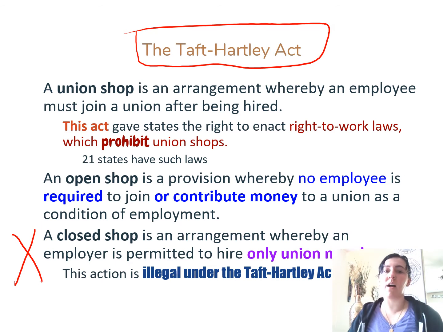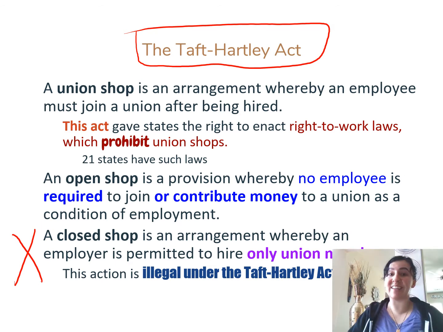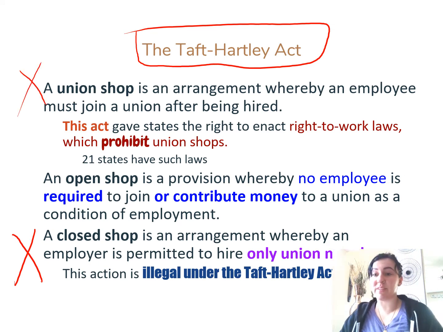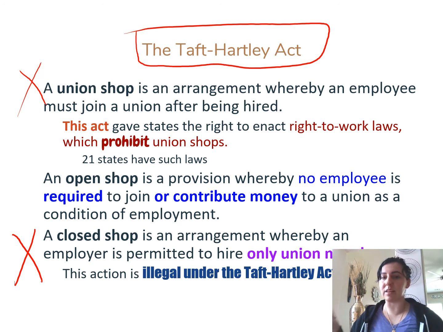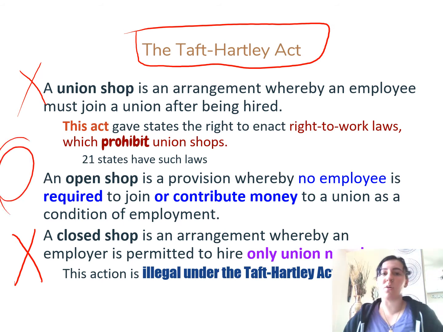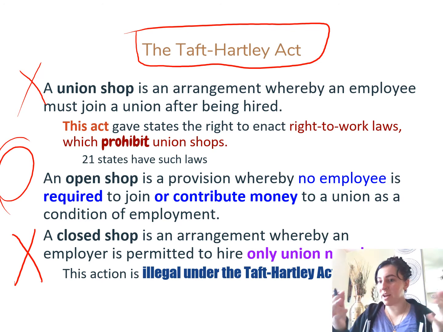And you also can't force people to do union shops either. You can't force people as a condition of employment to be part of a union. It gave states the right to enact right-to-work laws and prohibited union shops. And of course, it's completely illegal to do closed shops. So pretty much they were very favorable about the whole open shop. Join the union if you want, or you don't have to. Who cares? It's all up to you.